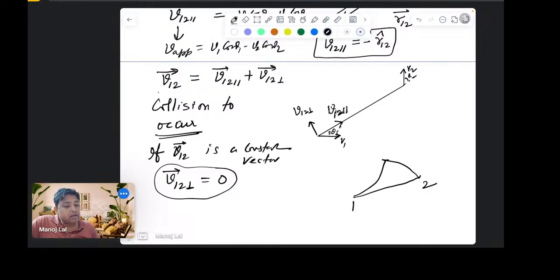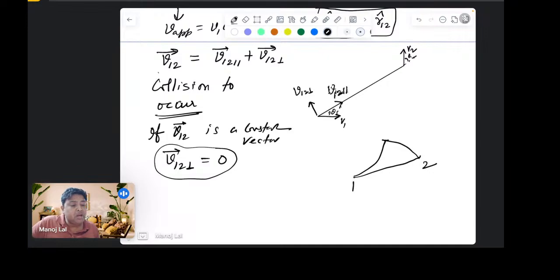So what exactly is V12 parallel? That is the velocity of approach. If there is a velocity of approach, then the distance of 1 from 2, R12, the position of 1 with respect to 2 as a function of time, must decrease, yes or no?